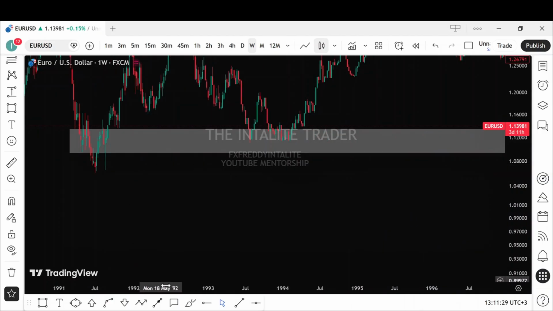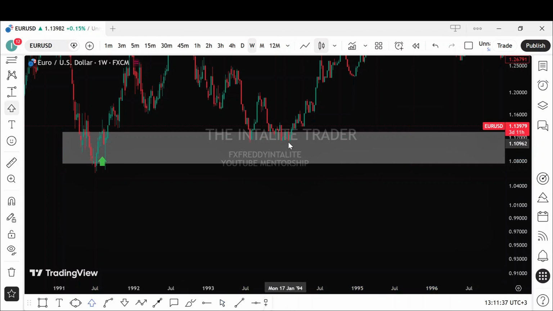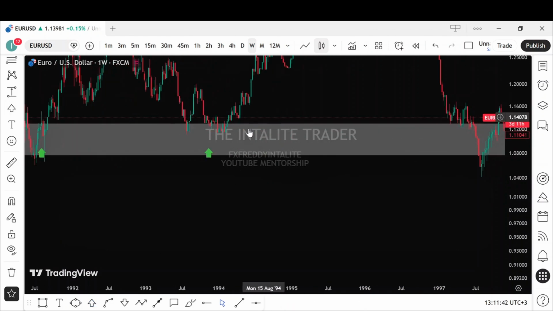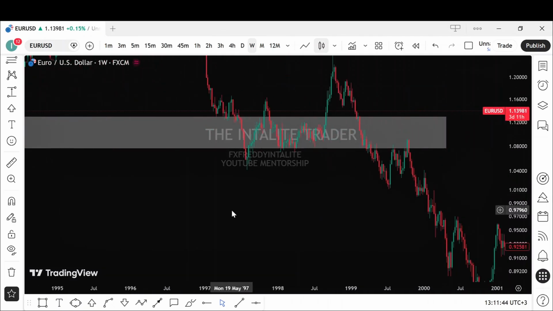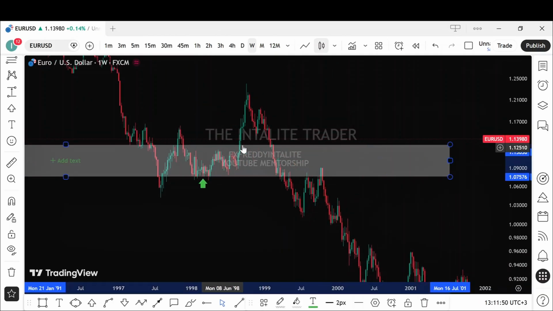We say price respected it here. These are what we call imperfect zones. So here price respected it, and price came and respected it again. So we see price is respecting the level.